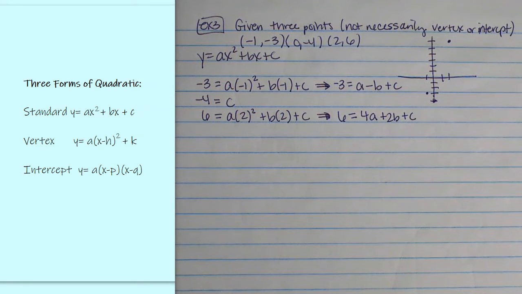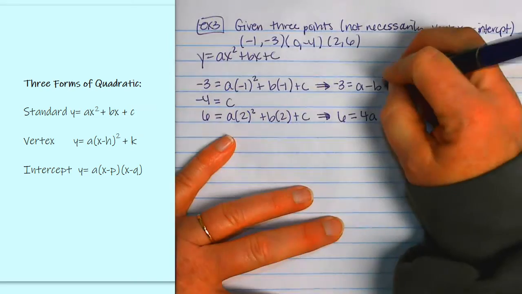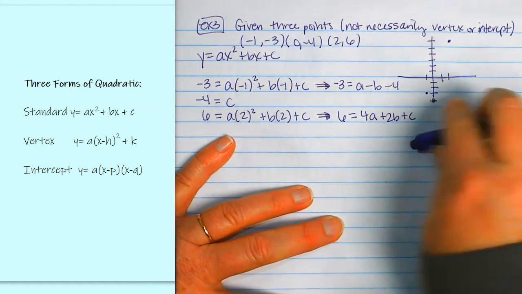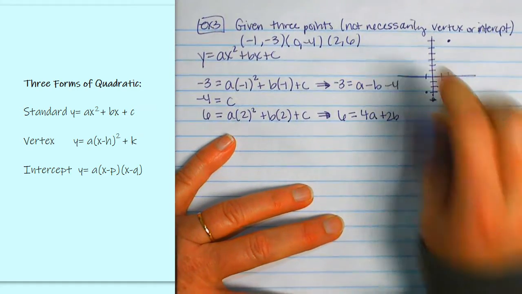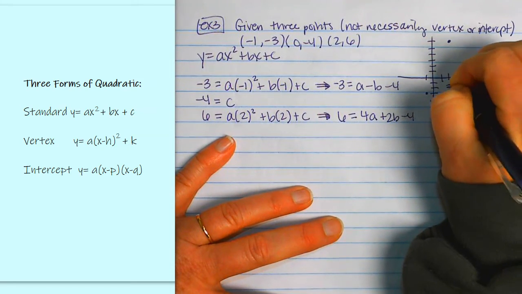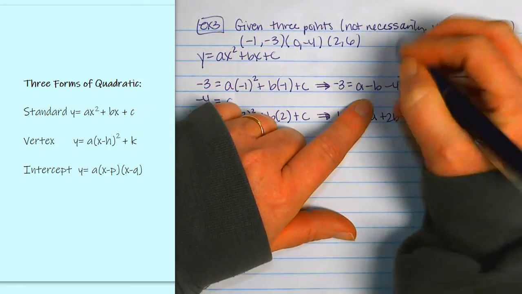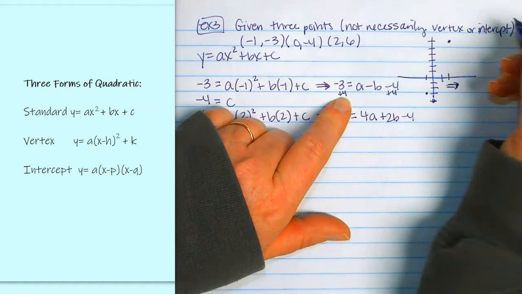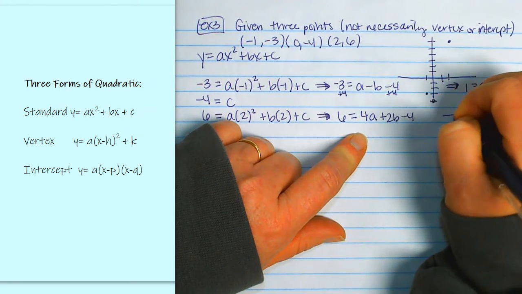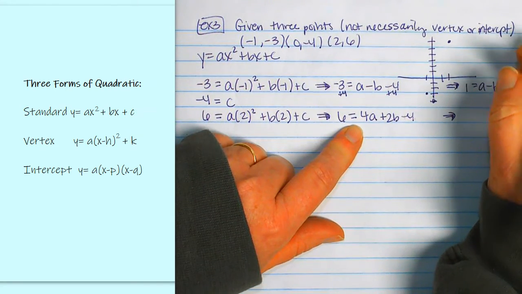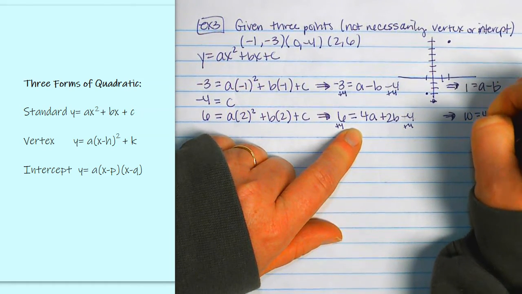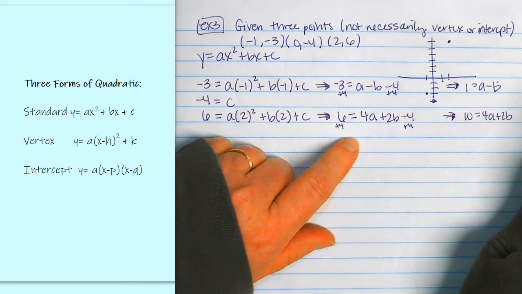I can go ahead and plug that in as well. Then this first equation simplifies by adding 4 to both sides. That's going to be 1 equals a minus b. The third one, add 4 to both sides, is 10 equals 4a plus 2b.